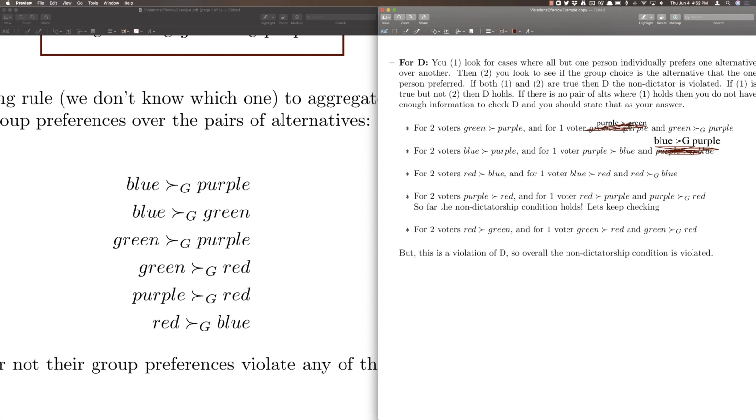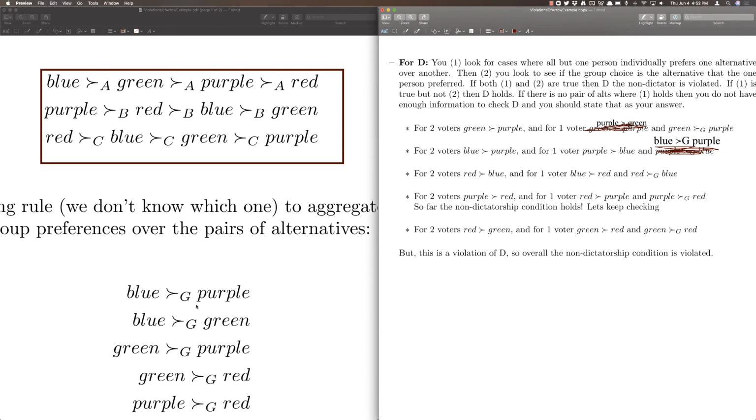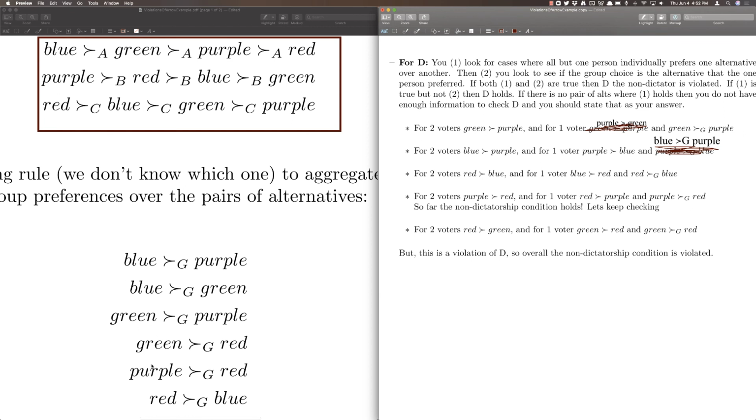So here we have 2 voters for red and blue, all right? We have 1 prefers blue to red, 1 prefers red to blue, and then the 3rd prefers red to blue. So 2 voters prefer red to blue, 1 voter prefers blue to red, and then the overall group ordering says red over blue, just like the 2. So the 1 person did not get their way, all right?